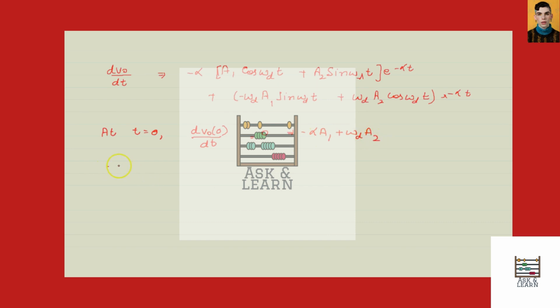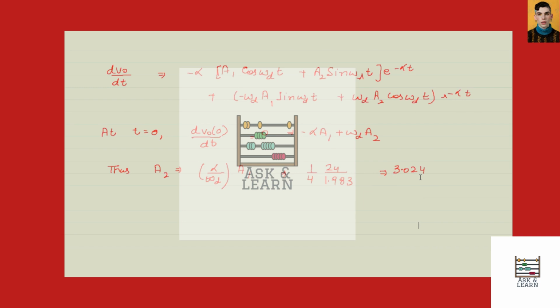Thus, the value of A2 is alpha by omega d into A1, which is 1 by 4 into 24 by 1.9843. Solving this, we get 3.024.